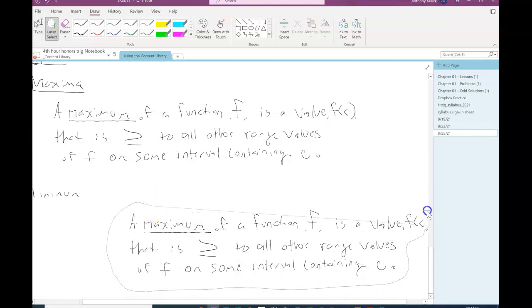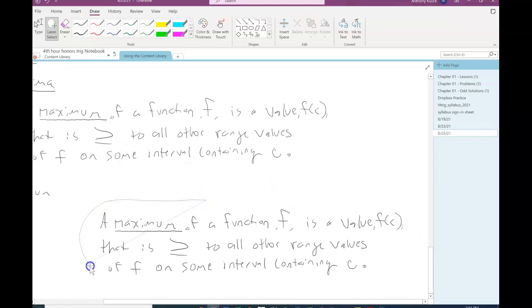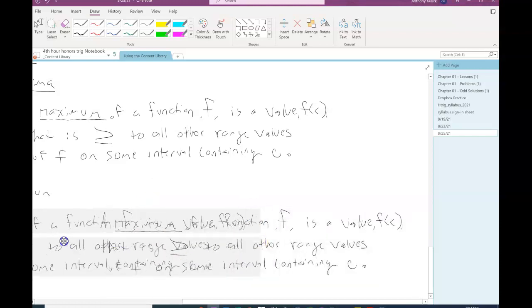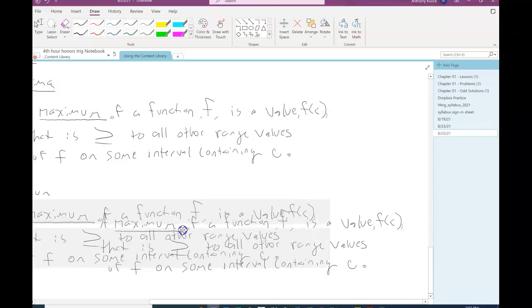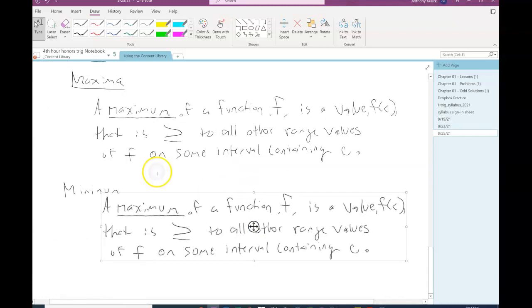And the minimum is almost the same definition, but we're just going to change a couple of little things here. So I'm going to do my same copy and paste. I'll color it so you can see.